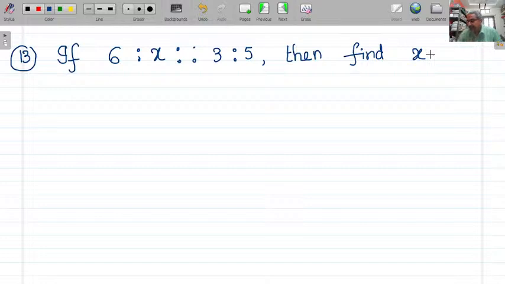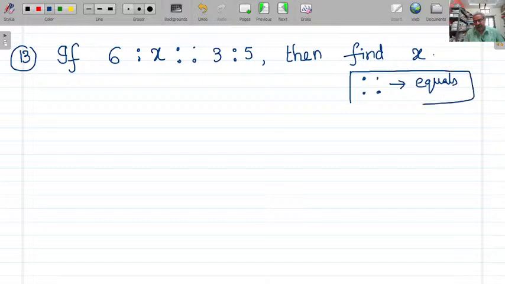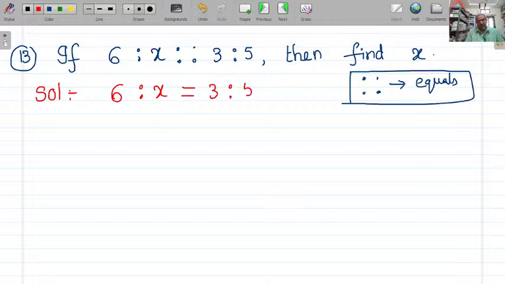If they are in proportion, so that means, my dear students, remember this symbol indicates equals to. So now we can write like this: 6 is to x equals to 3 is to 5. If they are in proportion, we have one beautiful concept.